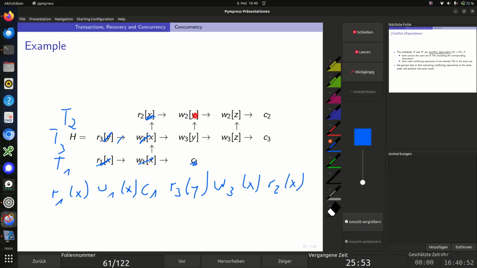Now we have again the choice between those two. And then we would have again the choice. And finally, we can pick one of the 2 commits.